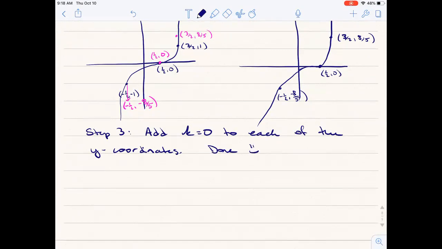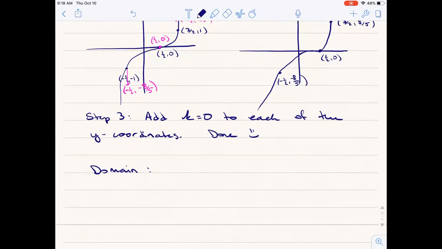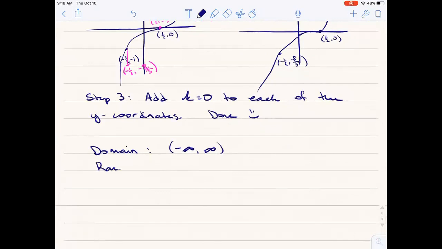We're moving 0, so. But that's what we would do. Now, if we need the domain, it is negative infinity to positive infinity. And the range is the same for odd powers.